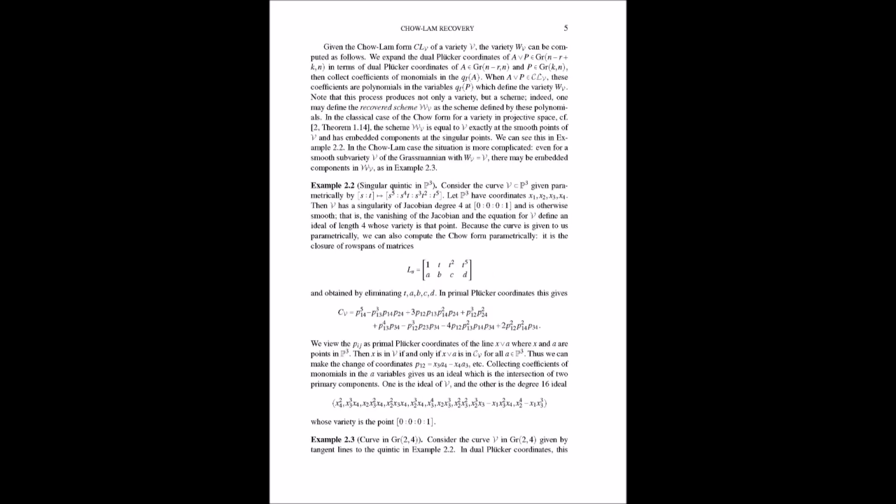It doesn't. They illustrate this with the Segre embedding, which is a way of embedding the product of projective spaces into a higher dimensional projective space. It's like taking multiple lower dimensional spaces and weaving them together to create something more complex. That's a good analogy. And they show that using the Segre embedding, you can create distinct varieties that have identical Chow Lam forms.